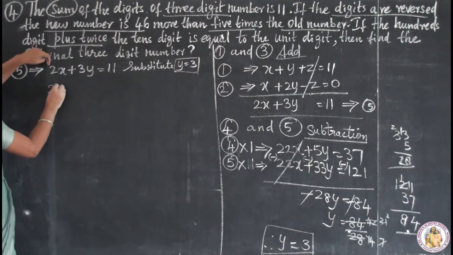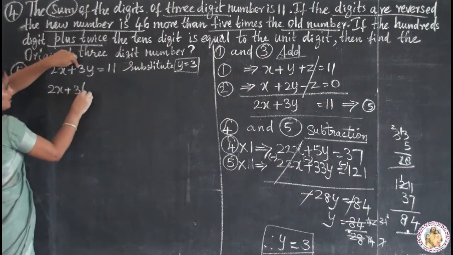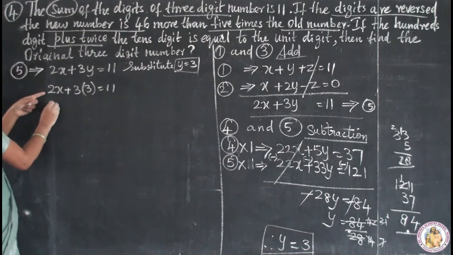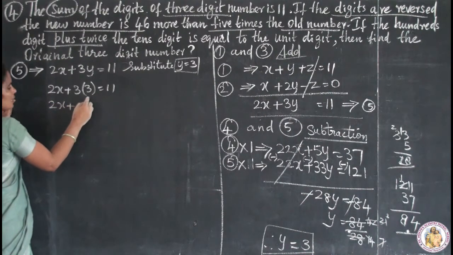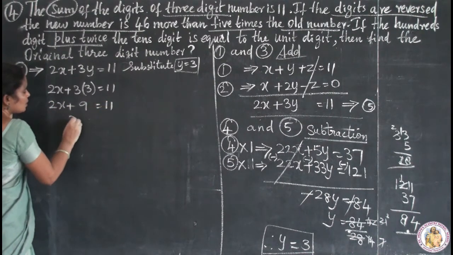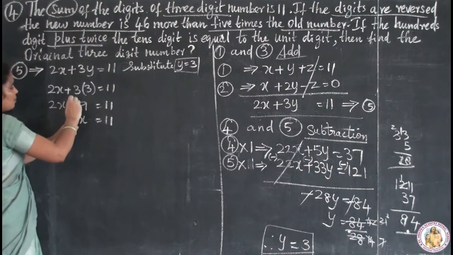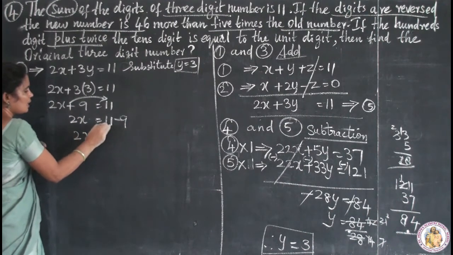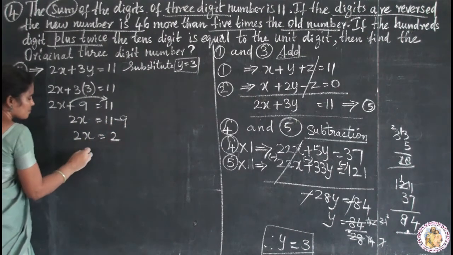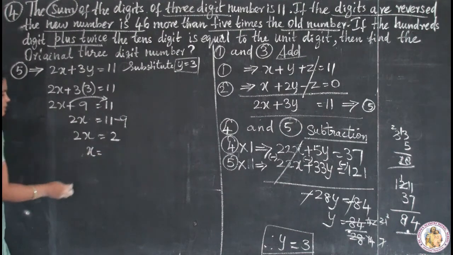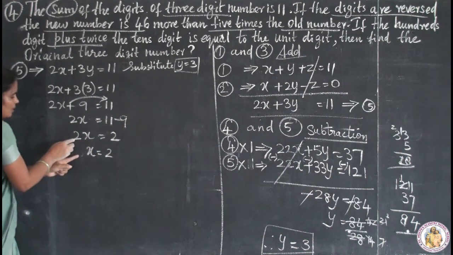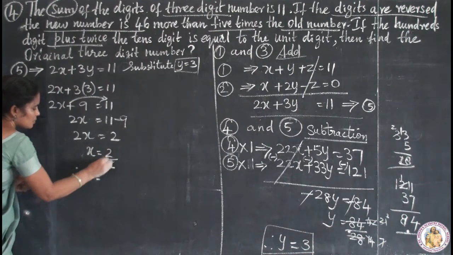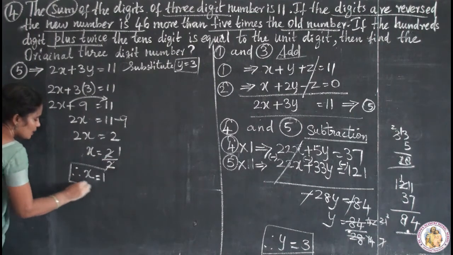So 2x plus 3 into 3, 9, is equal to 11. 2x is equal to 11 plus 9 will become minus 9. So 2x is equal to 11 minus 9, 2. This 2 will go as division, therefore x is equal to 2 by 2, cancel, x is equal to 1.